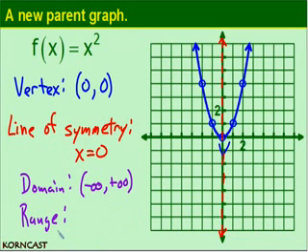If you recall, our range are all y values of our graph. So our range is going to be all positive values for y, including 0. Or in interval notation, we include 0 and we go to +infinity. And that's our new parent graph.